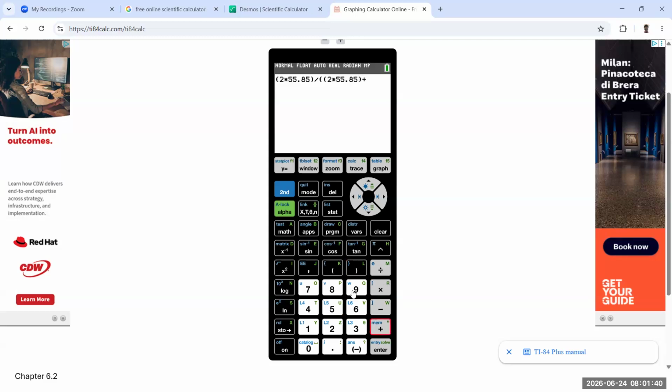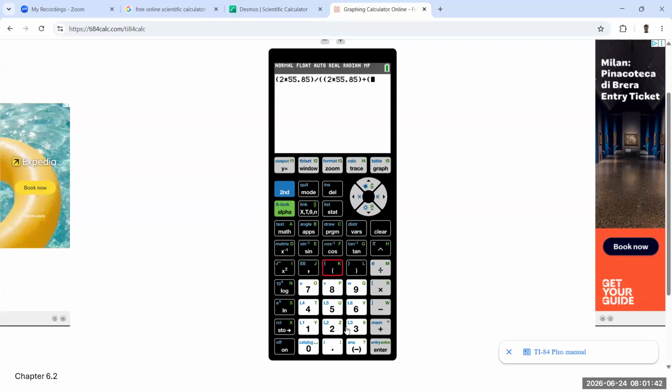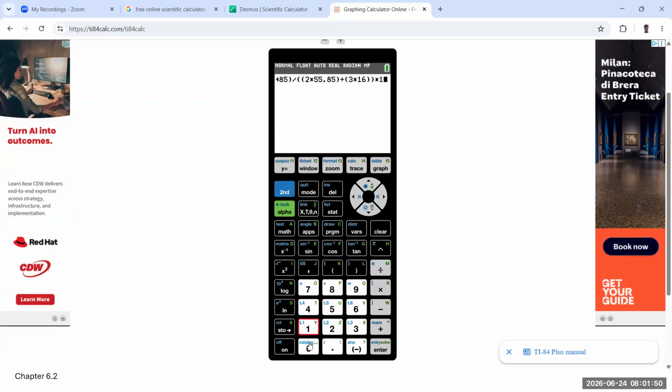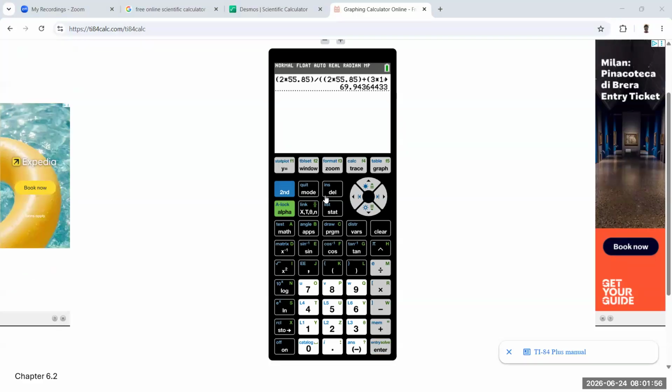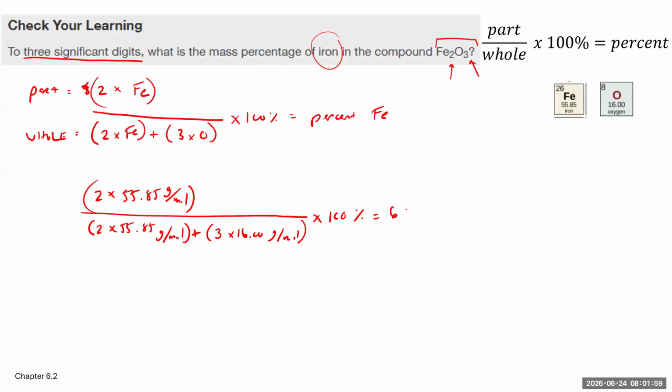Close parentheses, plus, open parentheses, 3 times 16, close parentheses, and then times 100. And we get 69.94. We need 3 significant digits. It's going to be 69.9%, specifically iron.